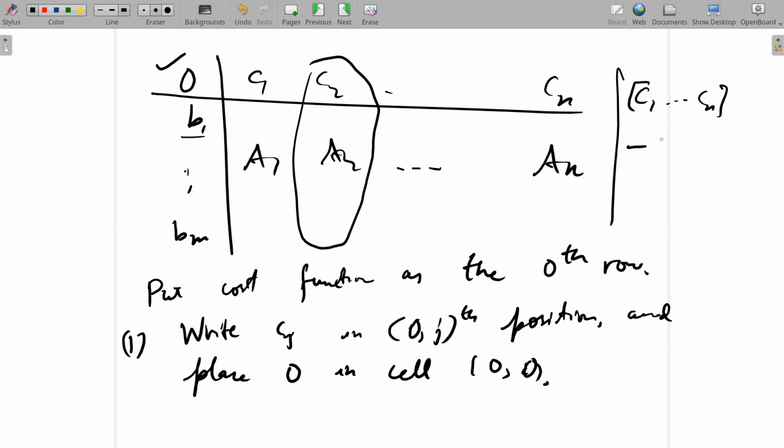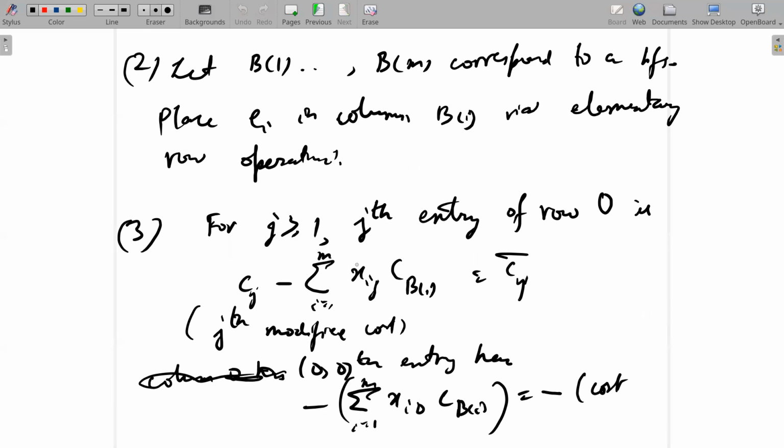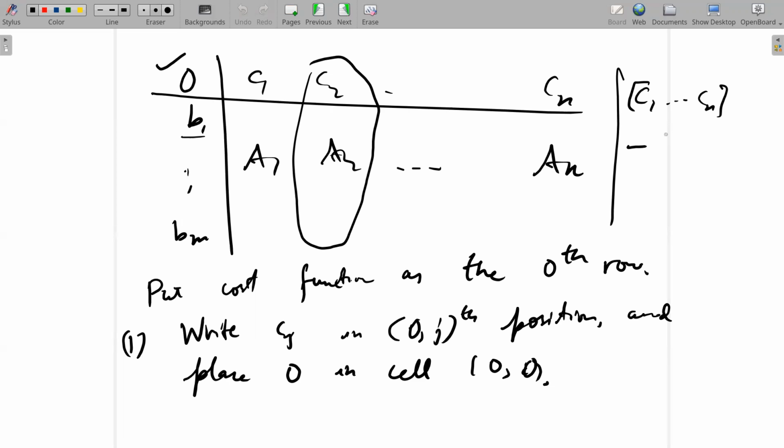I would subtract CB1 through CBM. This is a 1 by n vector, and this is a 1 by m vector. But if I multiply this to an m by n matrix, I'll get a 1 by n vector. So essentially, if you're thinking in terms of the computer, I just identify B1, B2, Bm. I create this new sort of suppressed cost function, ignoring some of the entries of this cost vector. And then I just multiply it with this matrix X that I have. In this case, I have A, so I'll just multiply it with A.